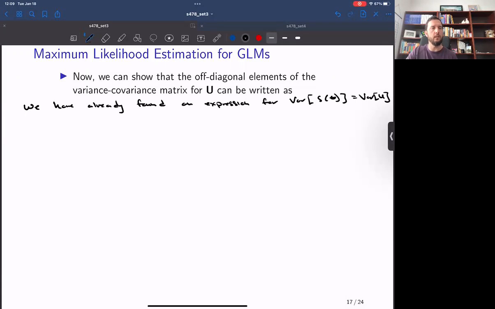And we did this in lecture set 2, and we used it already today. Right. So we know how to compute the diagonal elements of this information function.